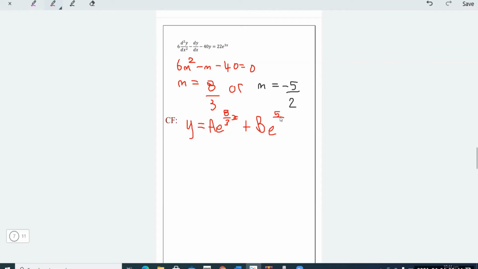That's going to be our complementary function. Nice. Whenever the roots are real and distinct, it takes this form.